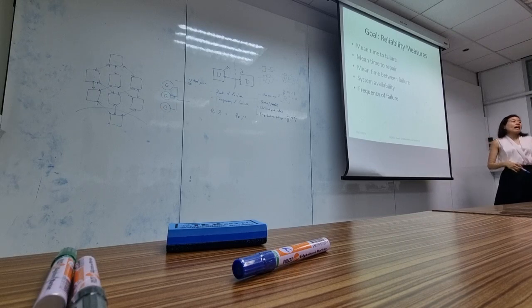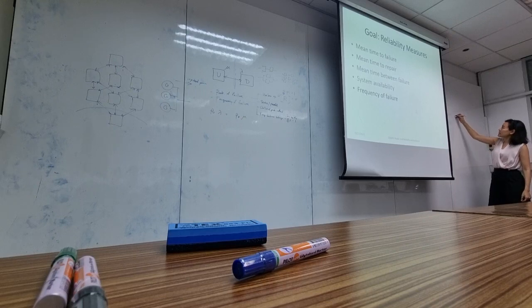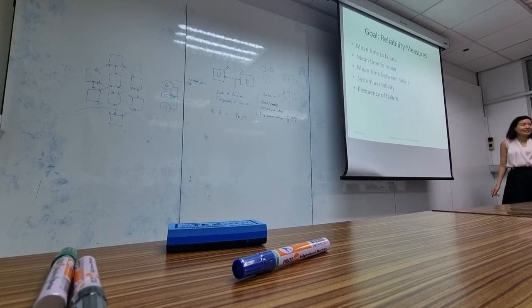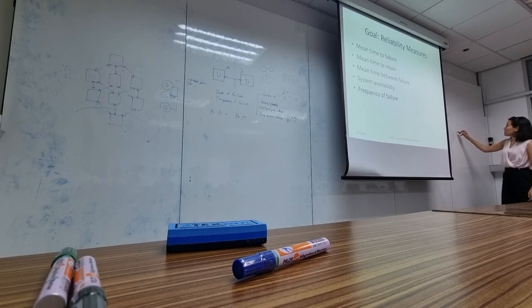Of all these five, mean time to failure and mean time to repair are the reciprocal of the failure rate and the reciprocal of the repair rate. Okay? Mean time between failure is actually the reciprocal of the frequency.